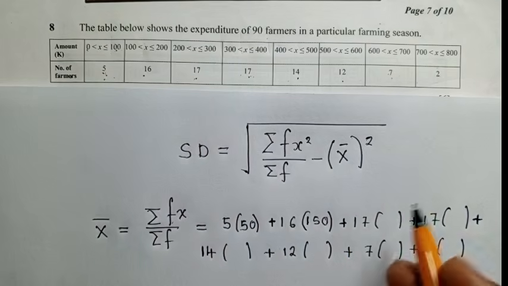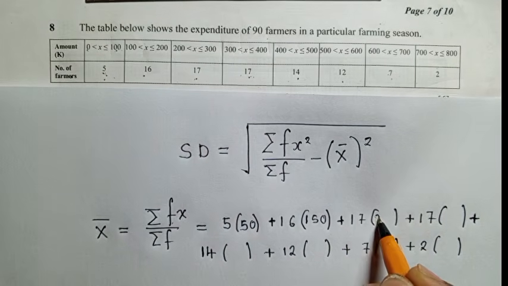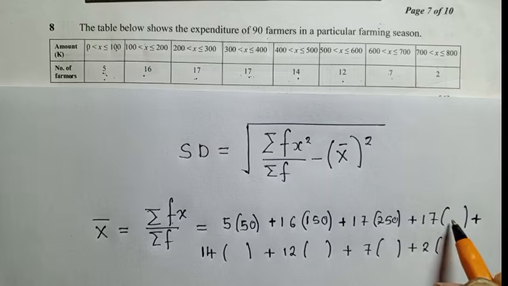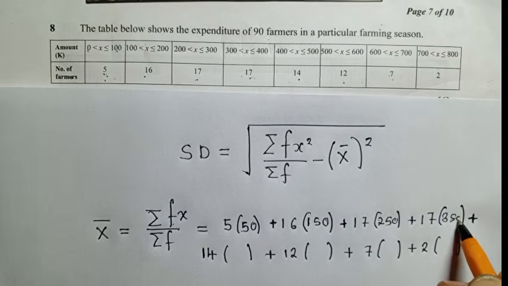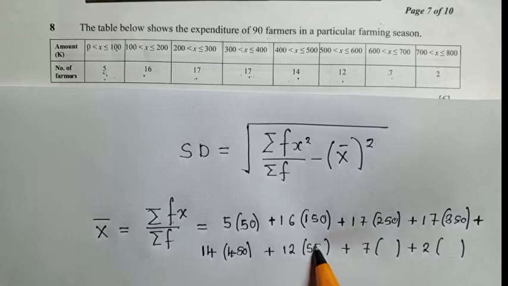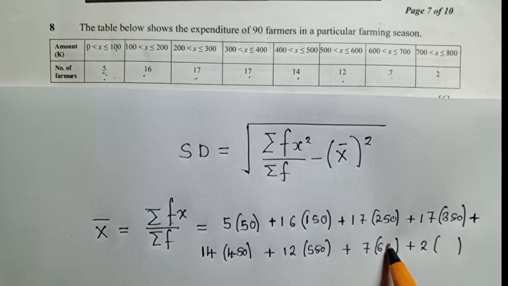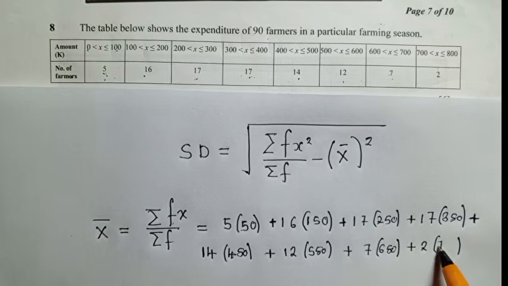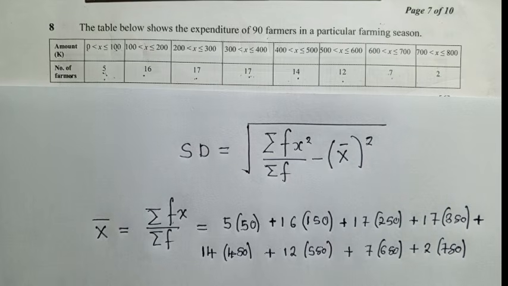Even here, you do the same and you are going to get 250. Here we get 350, 450, 550, 650, and 750. That's how we are finding the missing numbers.